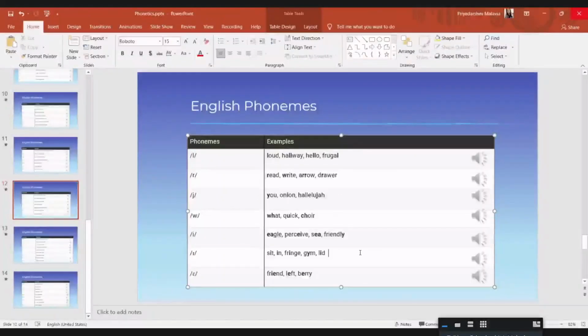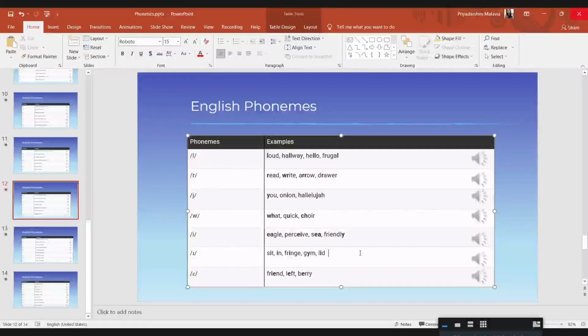The pronunciation is the same, but while writing we write badi e and choti e. So the one which has eagle, perceive, see has a longer pronunciation of e. You don't say sit, you say see. It's a longer pronunciation of e.